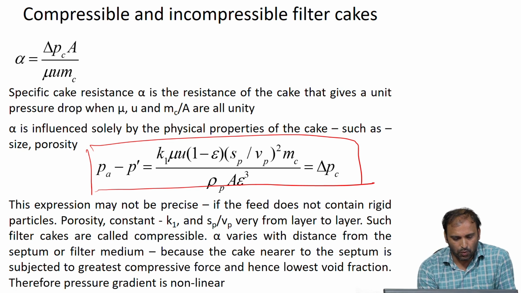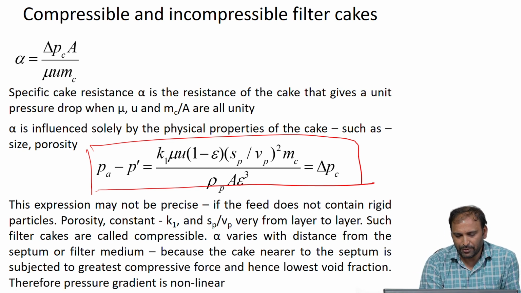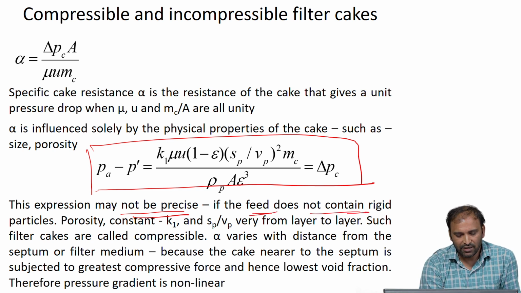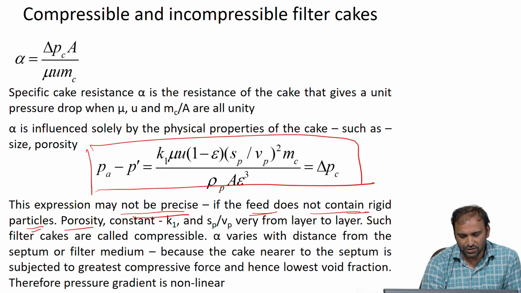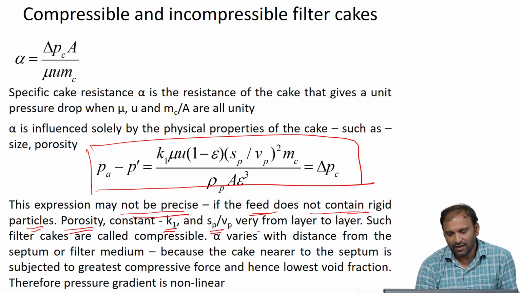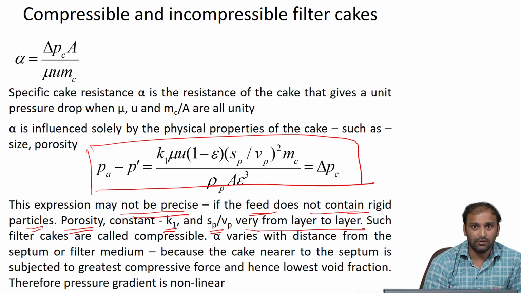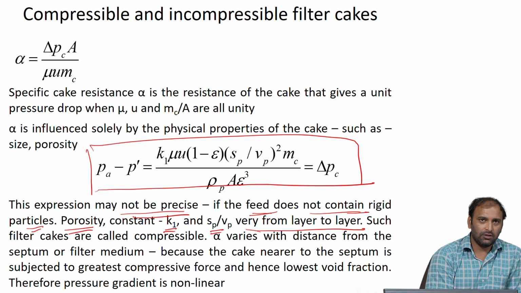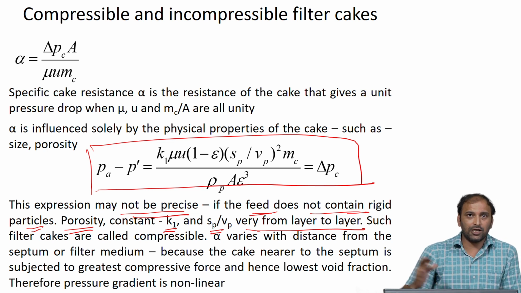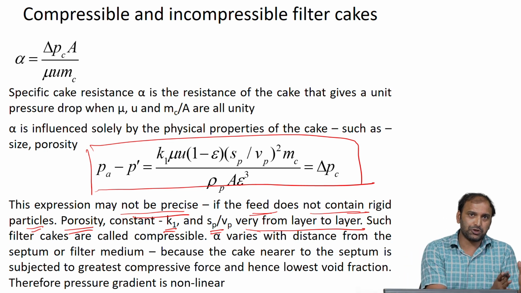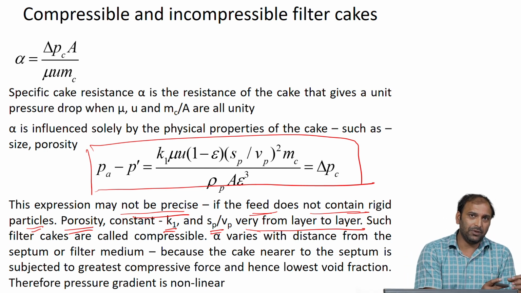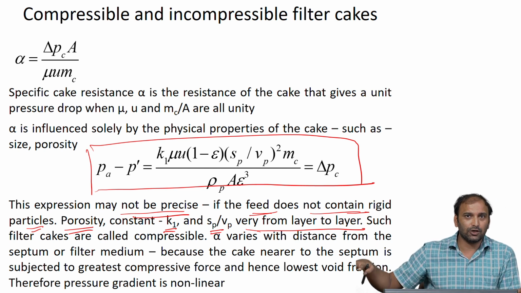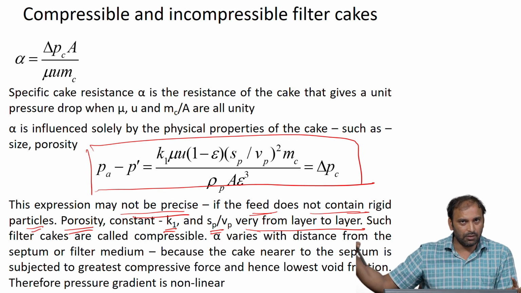As I said, this expression may not be precise if the feed does not contain rigid particles. Your porosity, the constant K, and Sp by Vp may vary from layer to layer. If a large cake is developed, the region close to the filter medium could have much closer packing of particles compared to the region closer to the upstream.